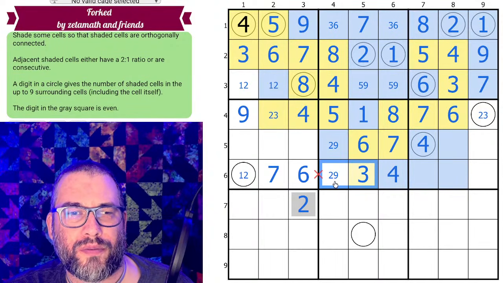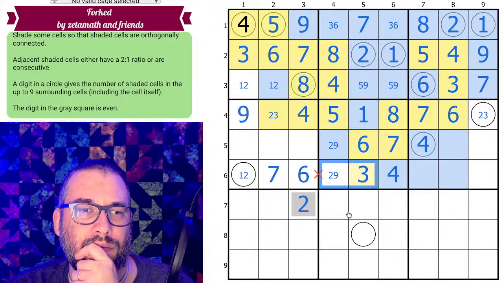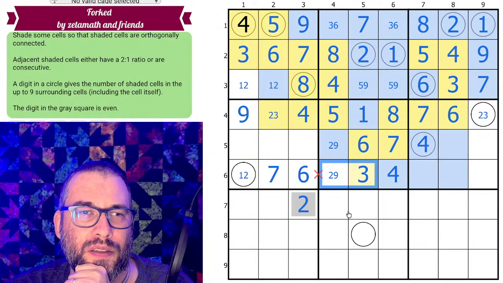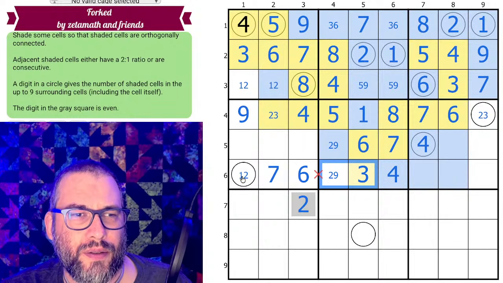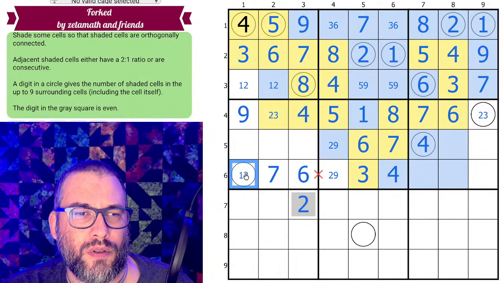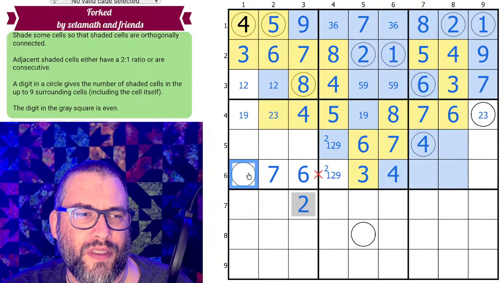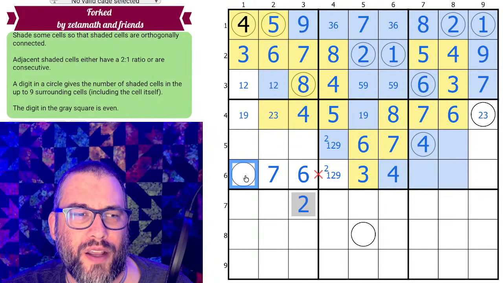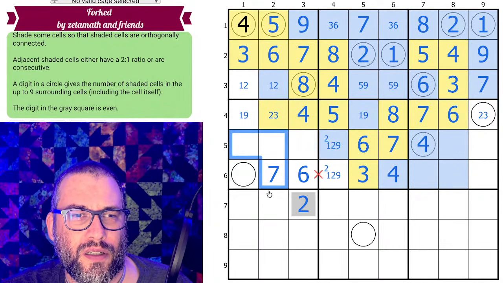These, 3 can still connect to 2. I don't know why. So if this is 5, I guess it would have to be the lone unshaded. So these would all be shaded, but again, this 7 doesn't have 2 things to connect with.